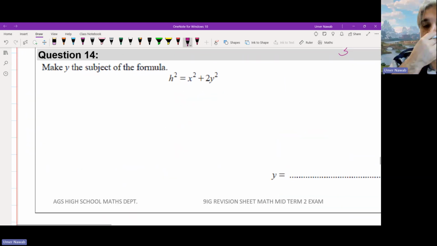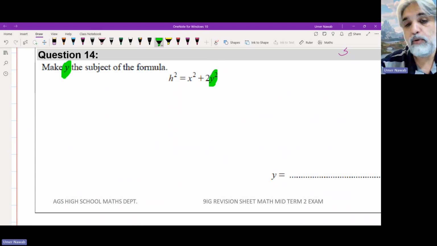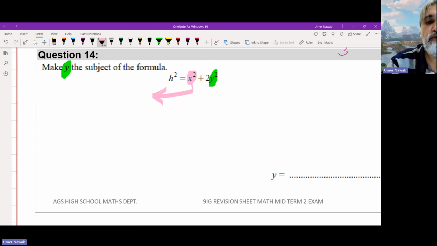Now, question number 14. I want to make y the subject. And where is y? This is y, which has a square. Now, first of all, push the x squared to move to the left. So I will have, because 8 squared is unchanged, the plus x squared changes to minus x squared, equals 2y squared.